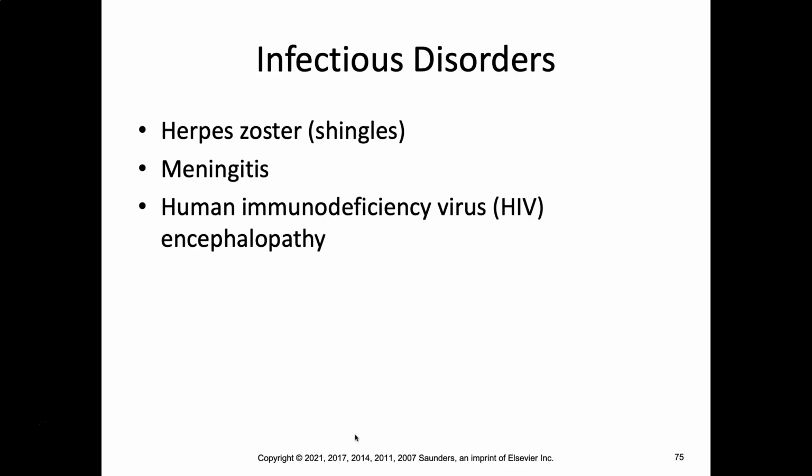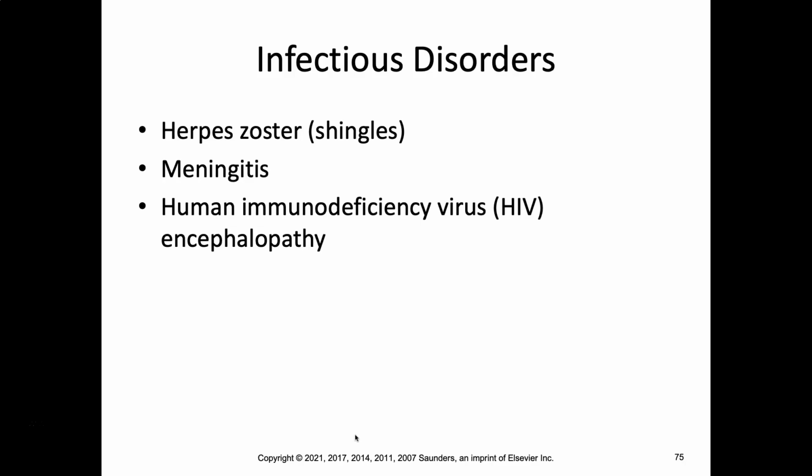And then we didn't spend much time on HIV, human immunodeficiency virus. Part of HIV is that some people can develop encephalopathy. HIV means that someone has that virus. It doesn't necessarily mean that they have AIDS.